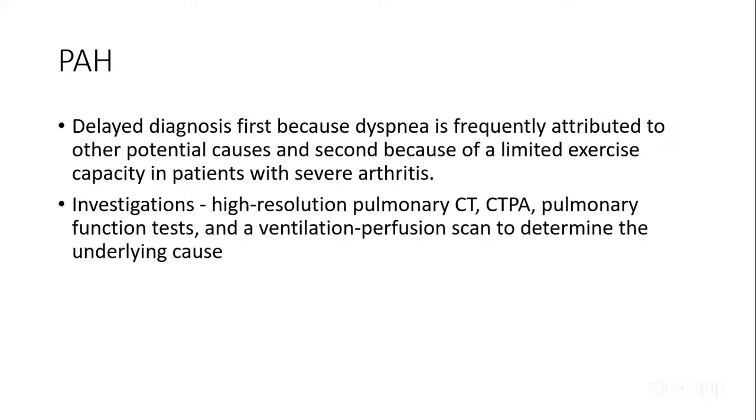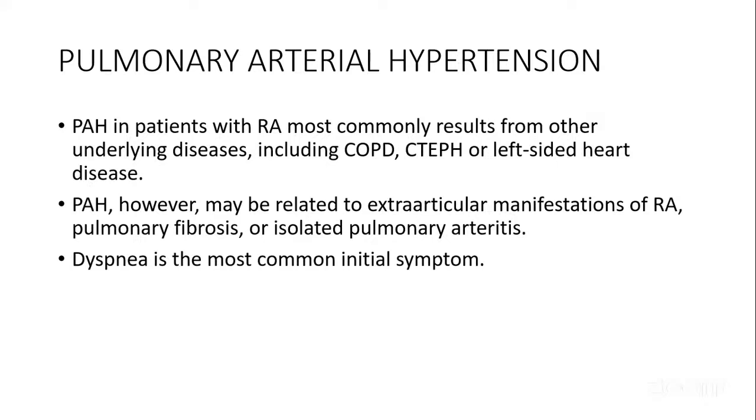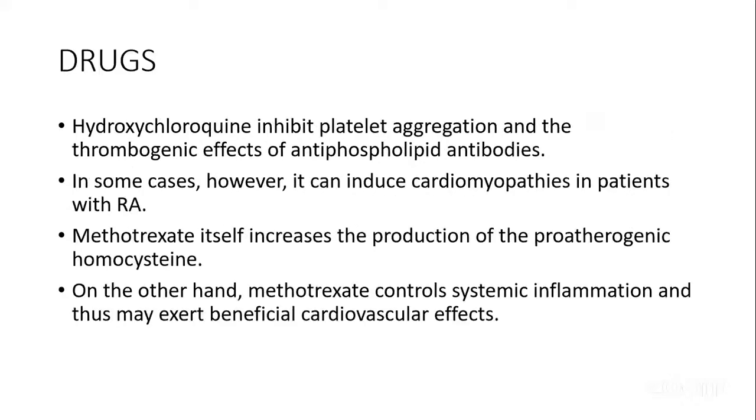But echo and doing a CT-PA can help you to identify and separate each condition from each other. But we should have it in mind that rheumatoid arthritis can also present with pulmonary arterial hypertension.